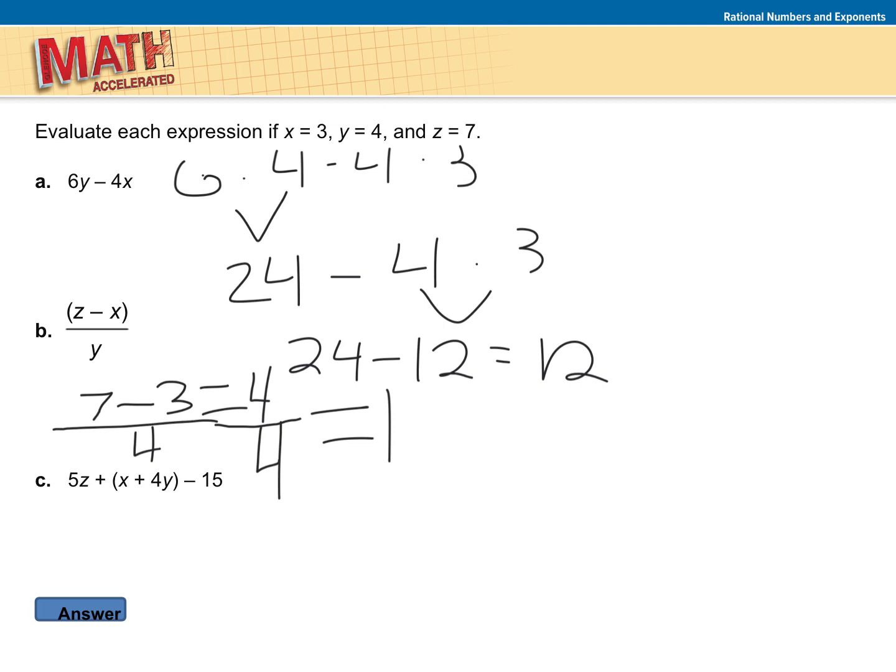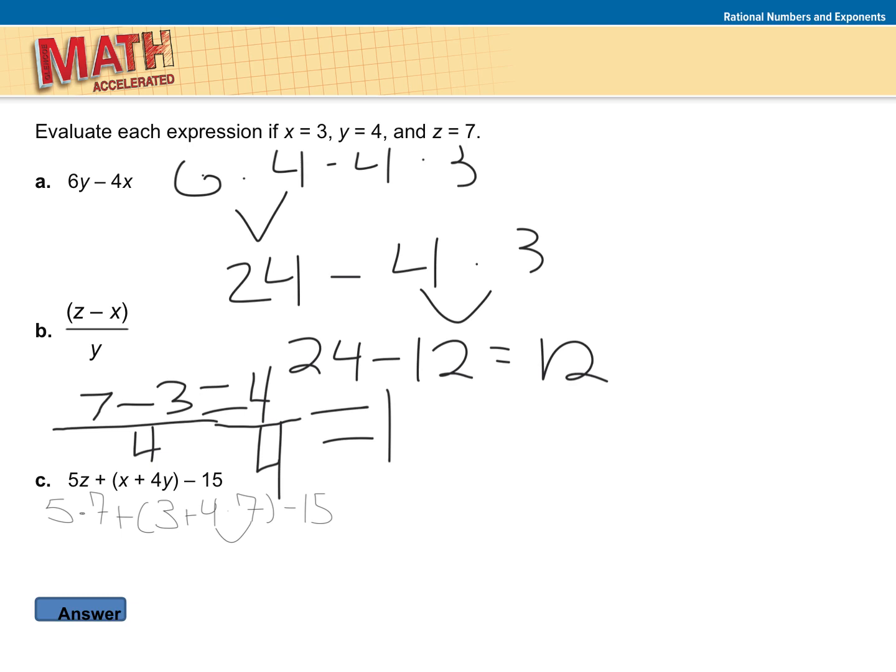Nice job. Okay, so I did 5, and then I substituted z for 7, and then I put the addition sign, and then I substituted x for 3, and plus 4, and then I substituted y for 7, and then I put minus 15, and then I did 4 times 7 in my parentheses first.